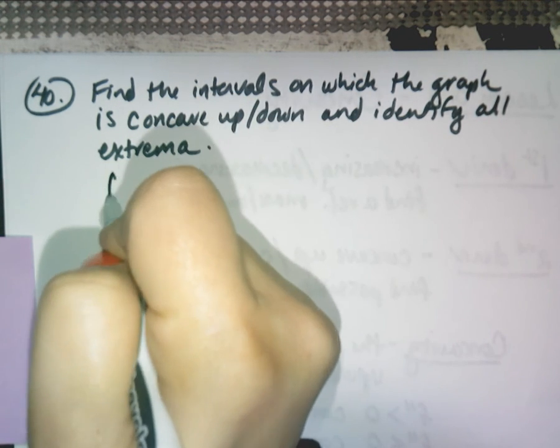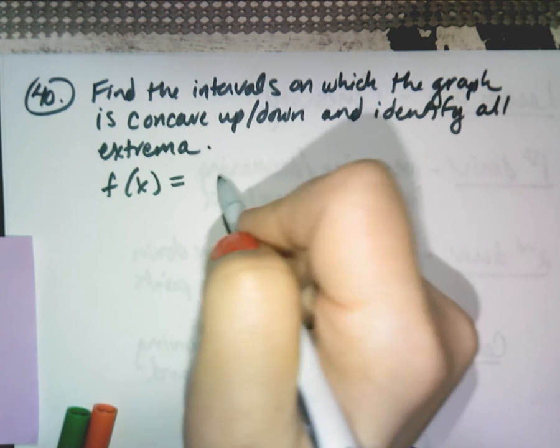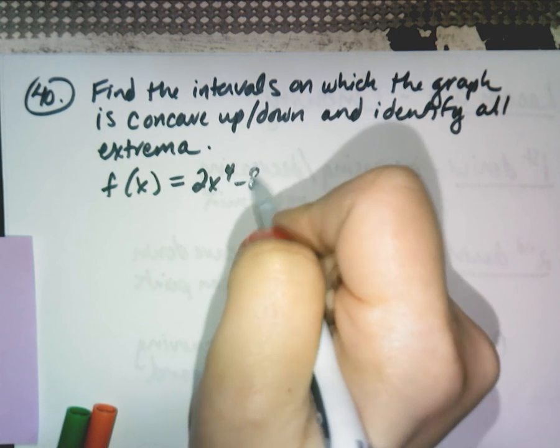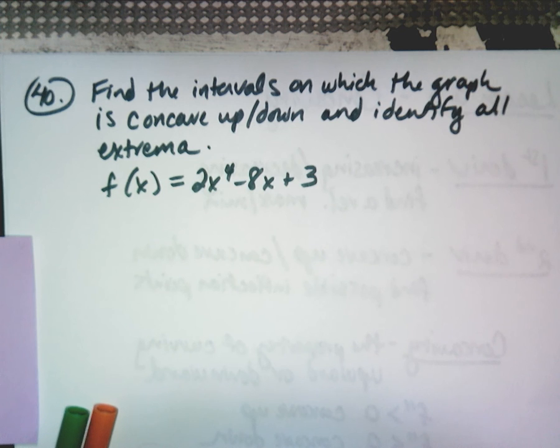And here's your function: f of x equals 2x to the fourth minus 8x plus 3. I'll give you a minute. Problem 42 has the same instructions.